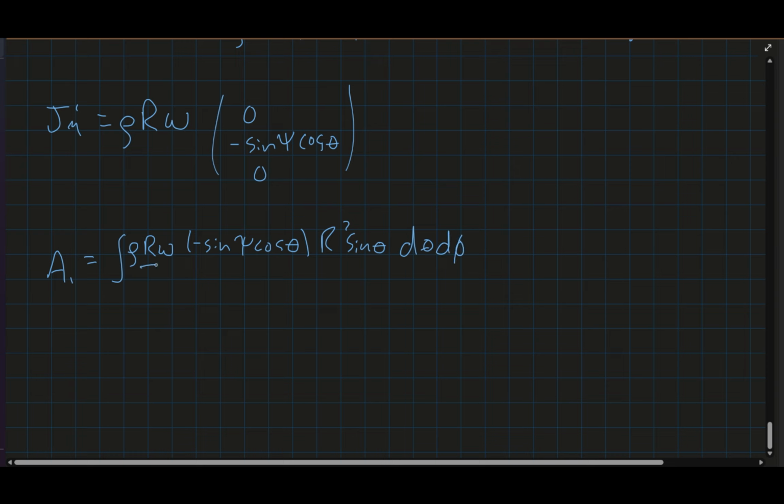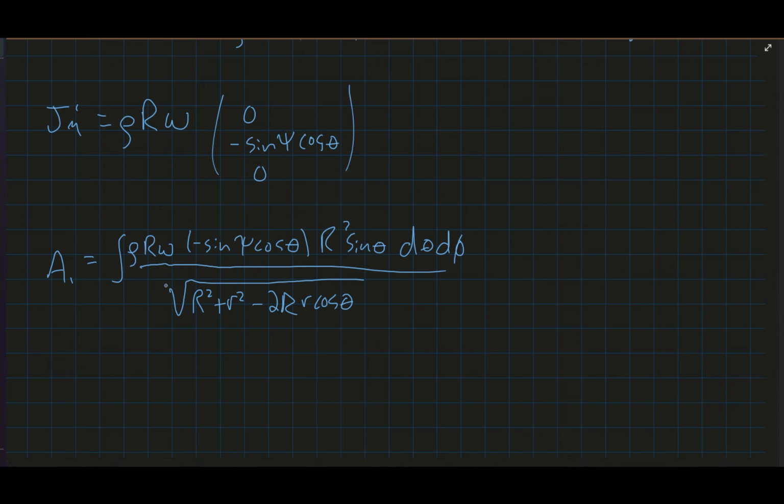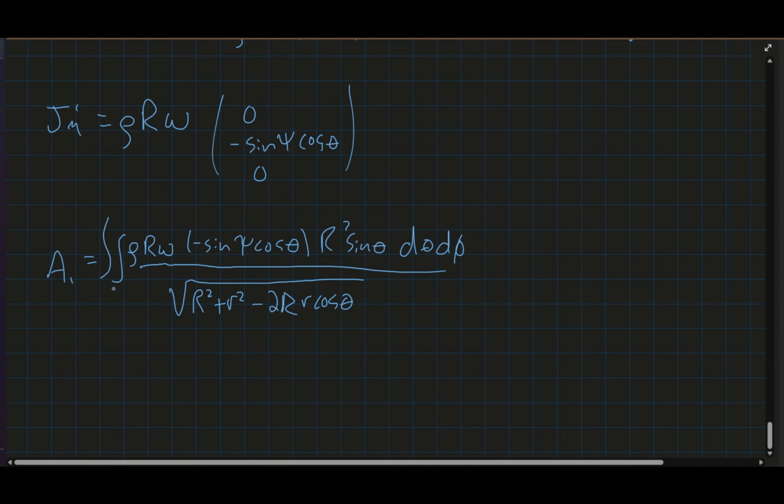This is going to be divided by that script r that we had. Theta is going to go from 0 to pi, and phi is going to go from 0 to 2 pi.